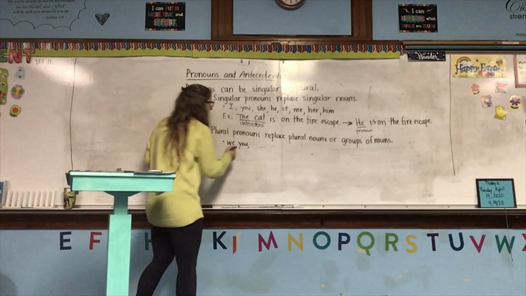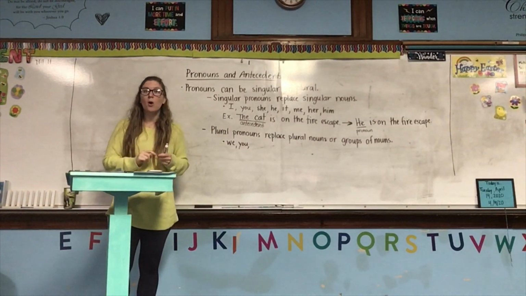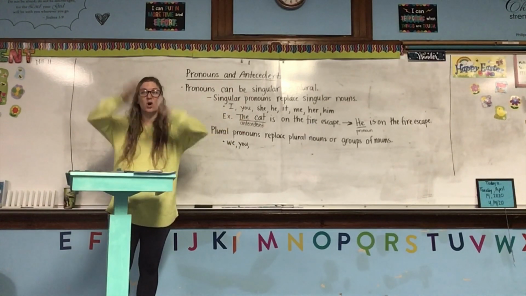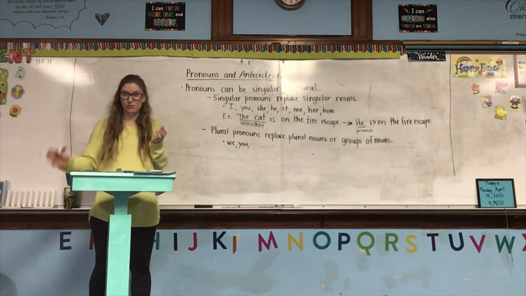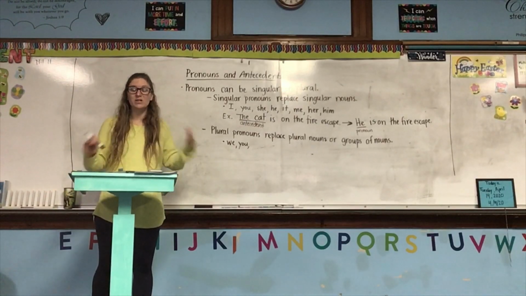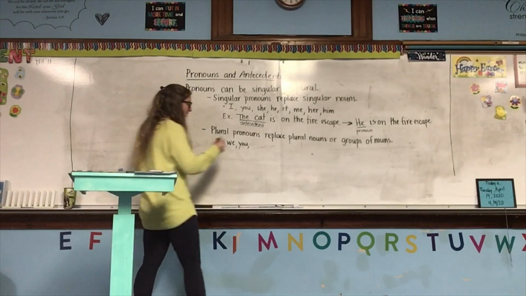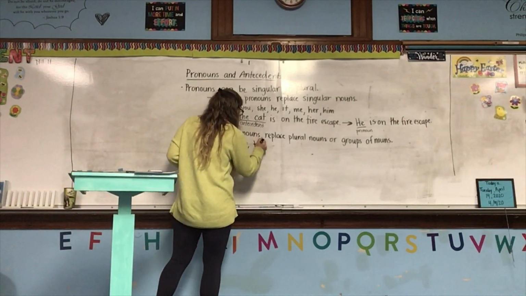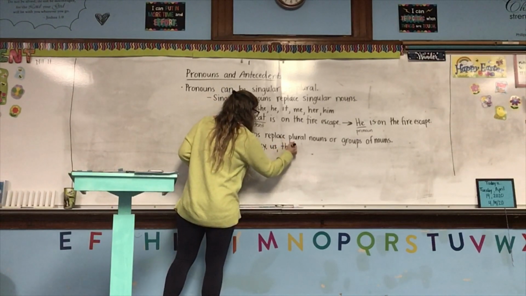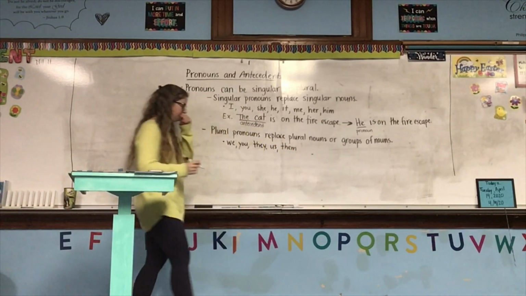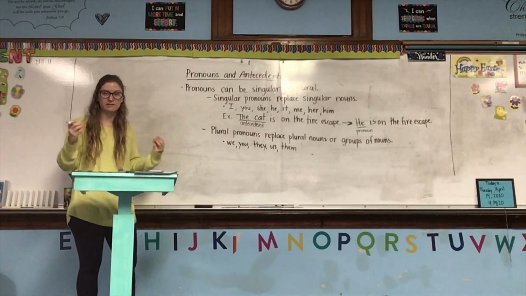Now you I said was singular, but that's because I could be talking about you as in one person, or I could be talking about you as in the whole class. So it could be singular or plural. You just have to look at the rest of the sentence to figure out which one it is. So we, you, they, us, and them. All of these mean more than one thing.